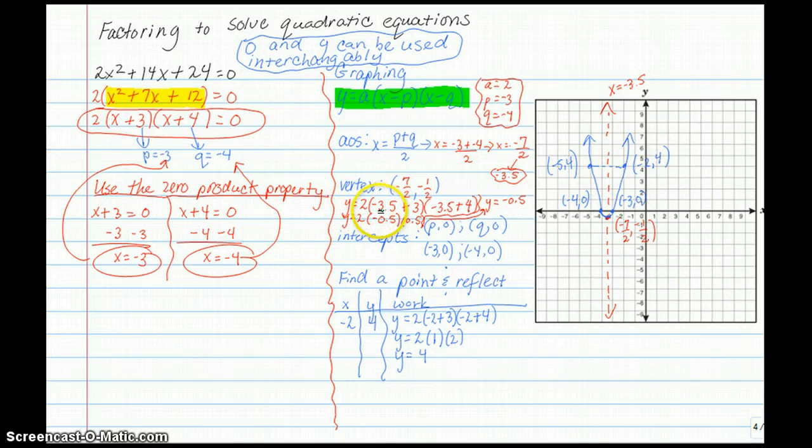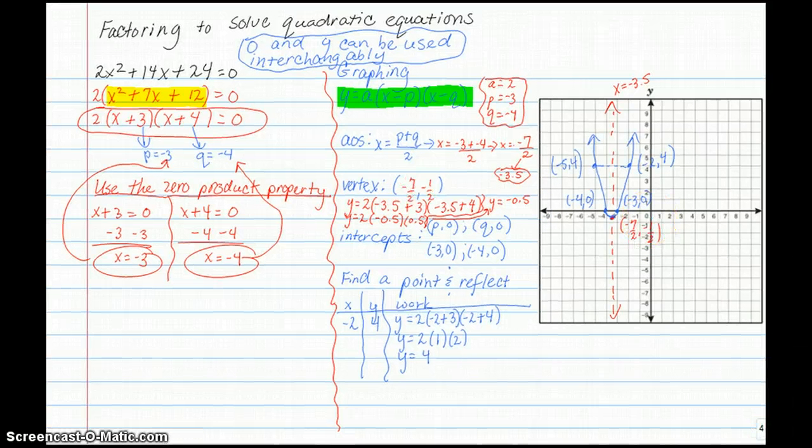Y equals 2 times -3.5 plus 3 times -3.5 plus 4, just plugging it back into this equation right here. And then I ended up with y equals 2 times -5/10 times 5/10. Well, 5/10 times 5/10 is 0.25, so -0.25. You take that twice, you get -0.5. So the ordered pair is -3.5, -0.5.